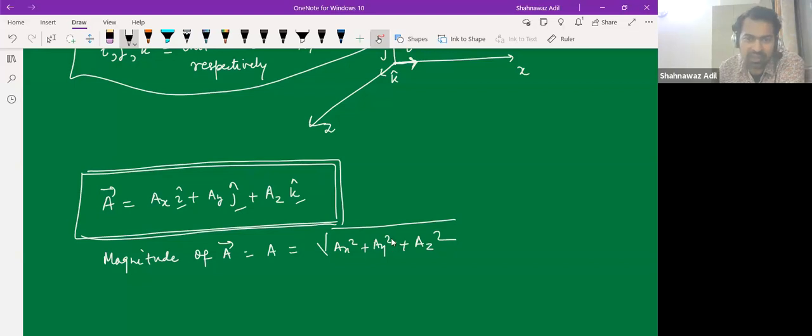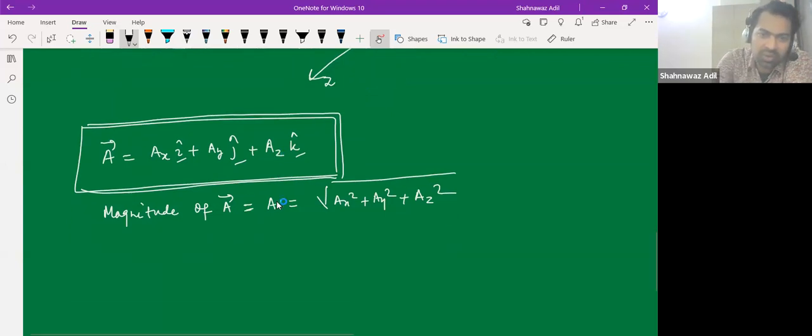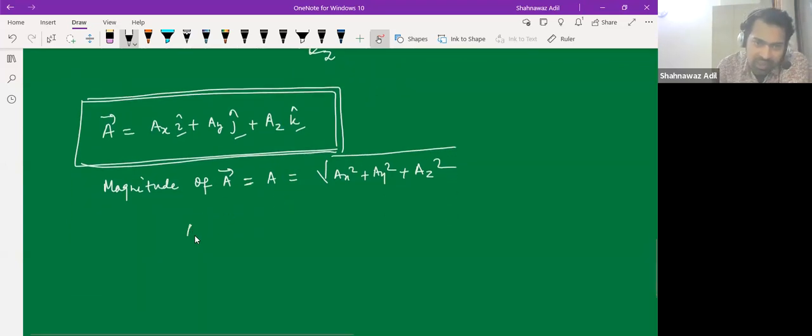This is the magnitude of the vector, and we can also calculate the direction. We know that A is magnitude and direction. To calculate the direction, we just divide the vector by its magnitude.